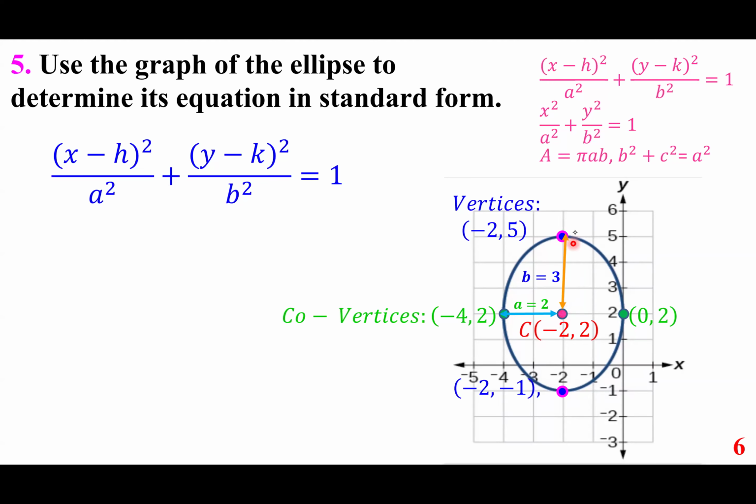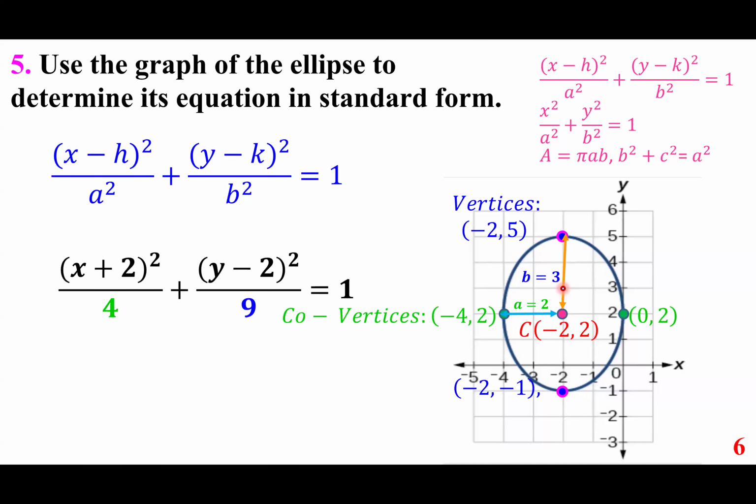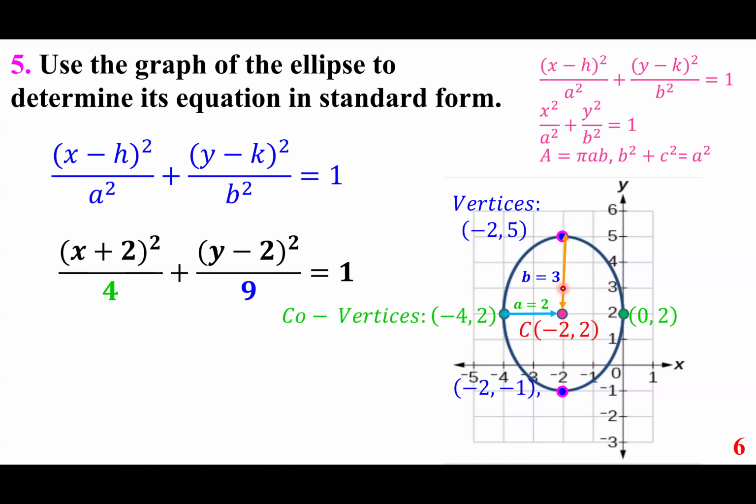So now we are ready to write x minus negative 2, that means x plus 2, quantity squared over A squared, which makes it 4. Y minus 2 quantity squared over B squared, which makes it 9, equals 1. So that's the equation. Very straightforward.